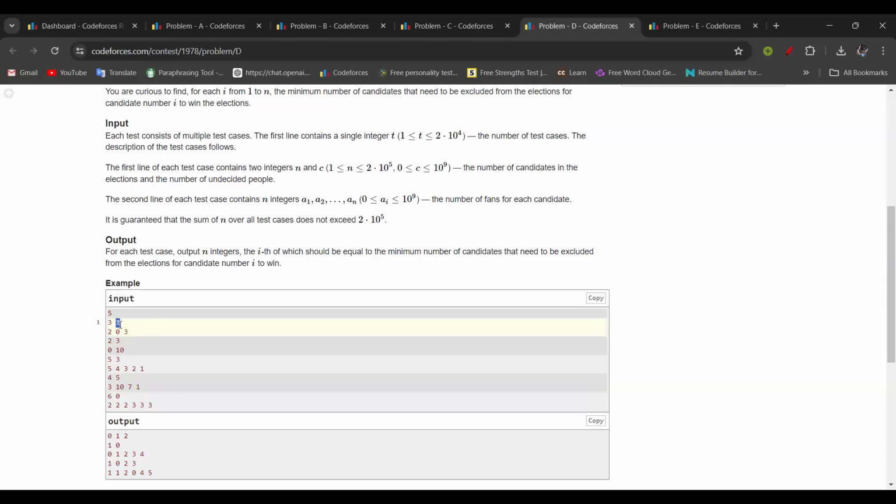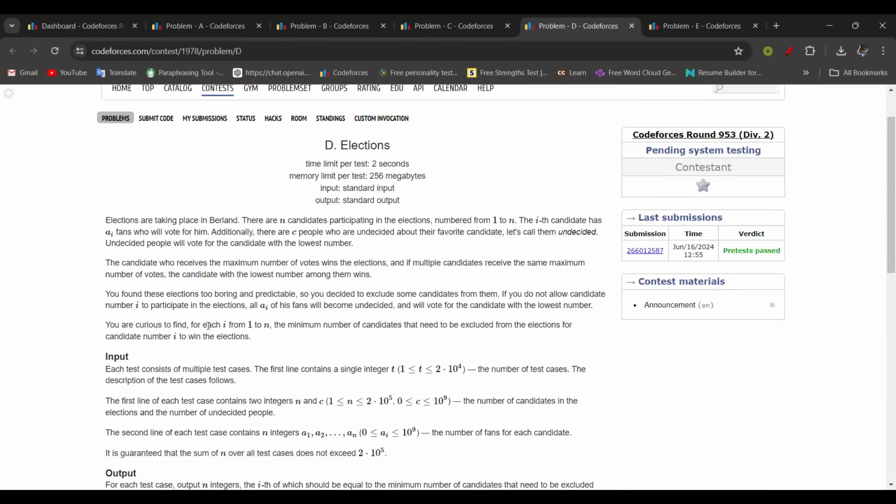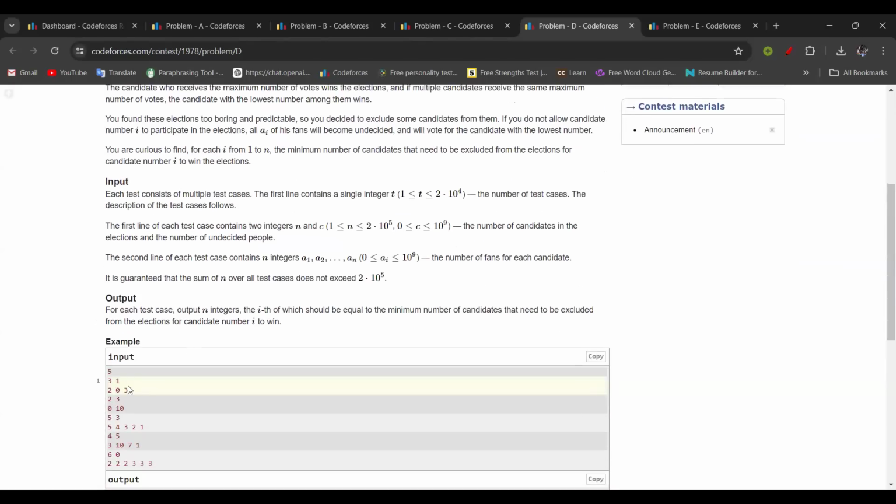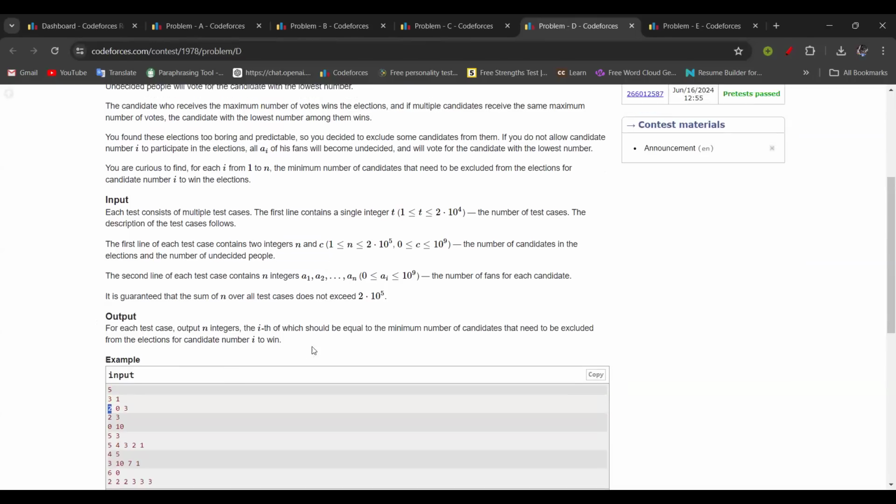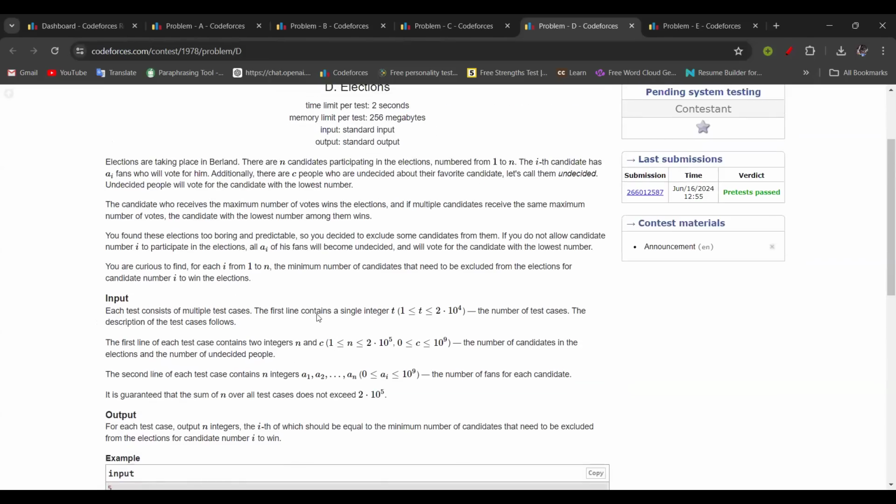And then we are given a c. That c are the people who are undecided. So what these undecided people would do, they would just vote for the candidate with the lowest number. So the candidate having the lowest index, the c people would vote to him.